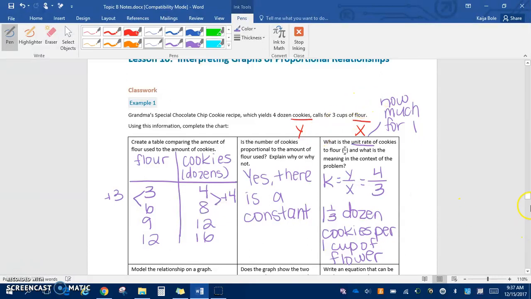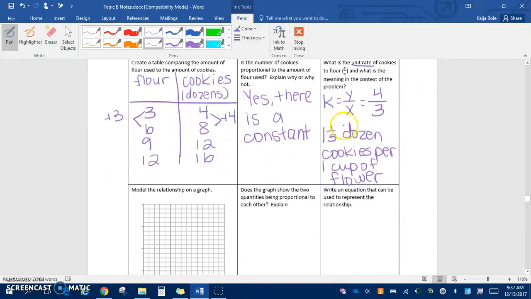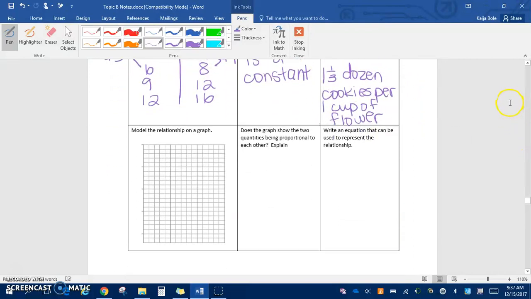The next box says to model the relationship on a graph. So my flour is my x, which is on the bottom. My cookies, or dozen cookies, is my y. Alright, and I'm just going to count by ones here for all of these boxes.